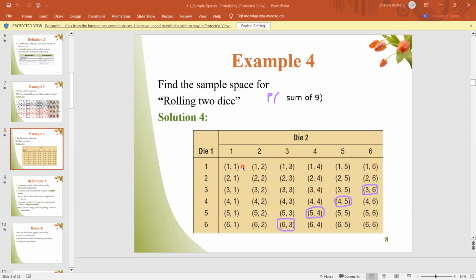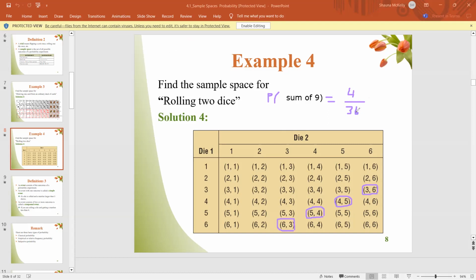So anyway, sum of 9, we said there were 4 of those, which you can see boxed in purple on the screen. So this is going to give me 4, and out of how many total? Out of 36. Right, 4 out of 36. So now I have to do my little mathematics, but this is my original answer, 4 out of 36.